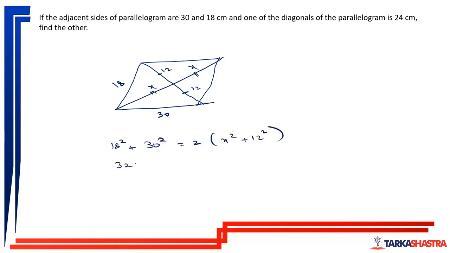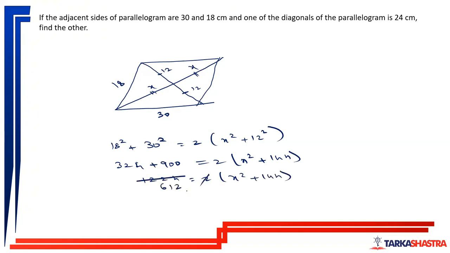Which is 324 plus 900, which is twice of x square plus 144. So 1224 is equal to twice of x square plus 144. So this is 612.